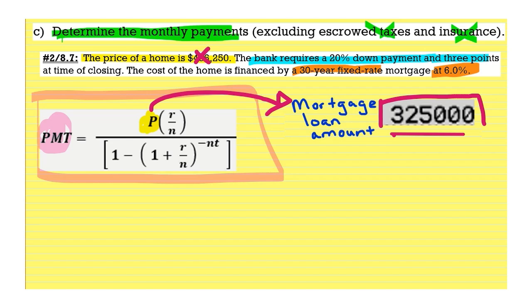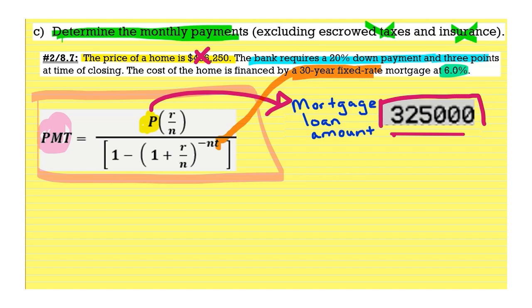Okay. We also have some information from our problem that says that we have a 30-year fixed mortgage rate. Well, 30 years is the time, and that means that 30 is going to go where this T is in our equation.